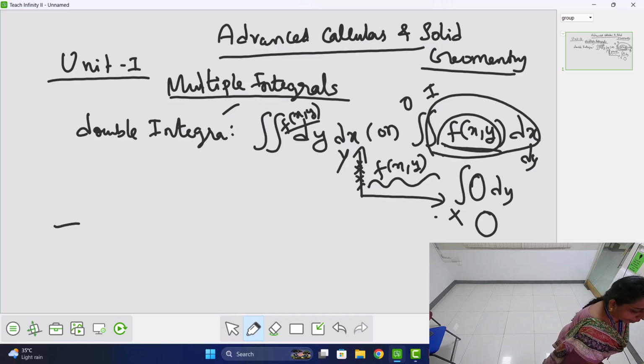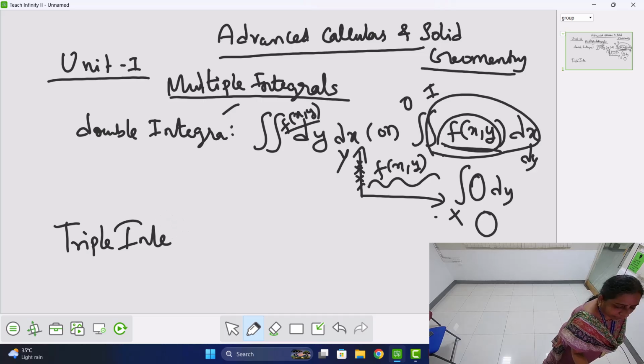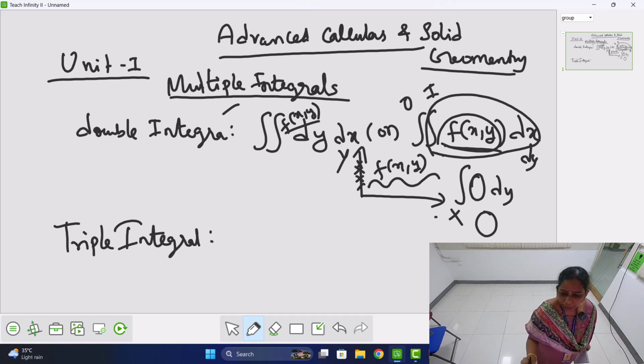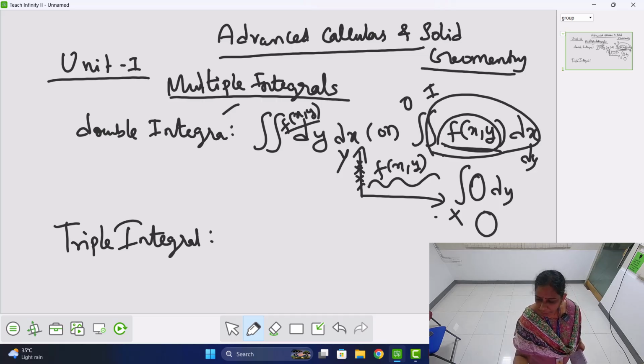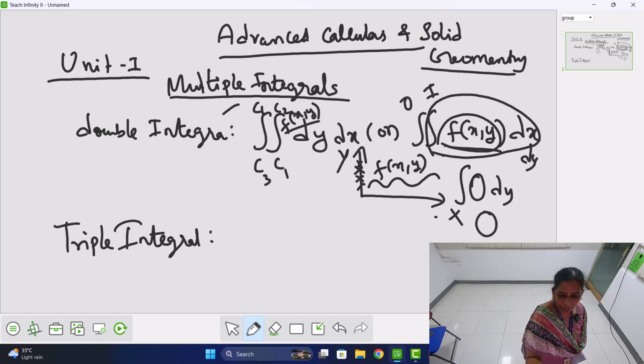Similarly, the triple integral. Next I am going to give the formula for the triple integral, which is very basic for these multiple integrals. You have to understand here the limits may be constant or variable. Limits of x can be constant, like c1, c2, and limits of y also can be constants like c3, c4.